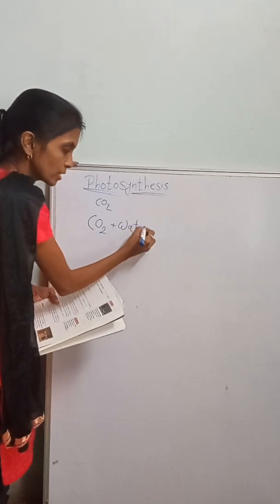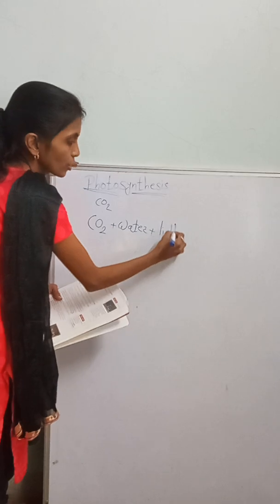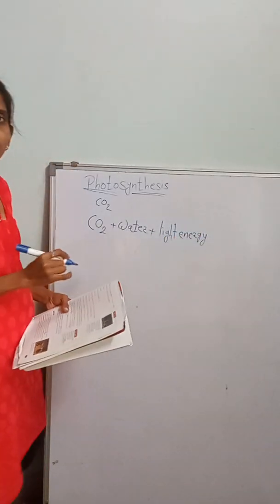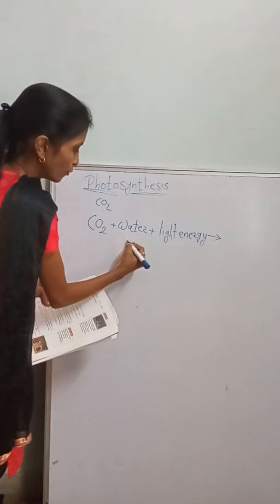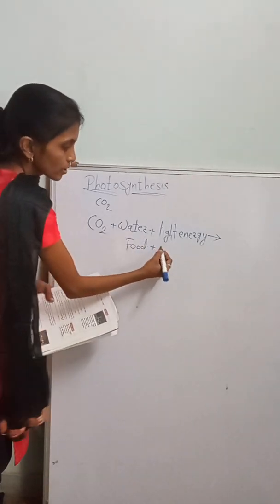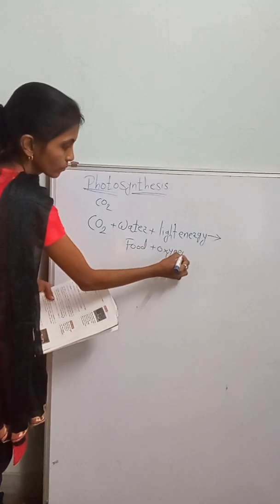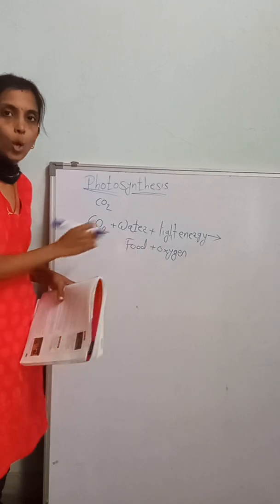Water is also essential, and light energy, meaning sunlight, releases food plus oxygen. That produces food and oxygen.